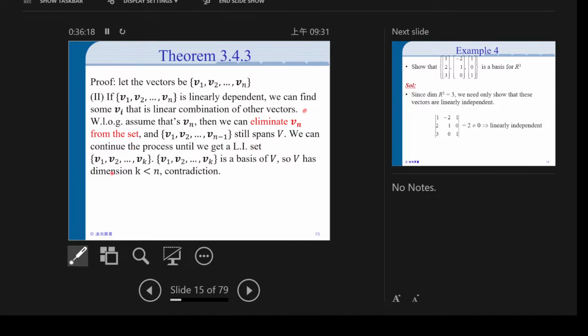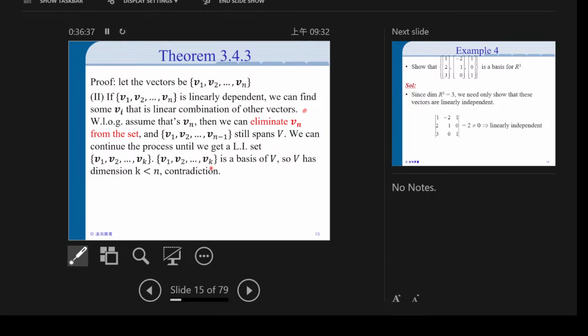Because there is a finite number of elements, we must stop somewhere. At the end we have a basis for V, but this basis will have dimension k less than n, and that's a contradiction.